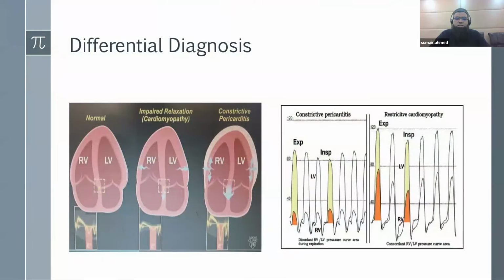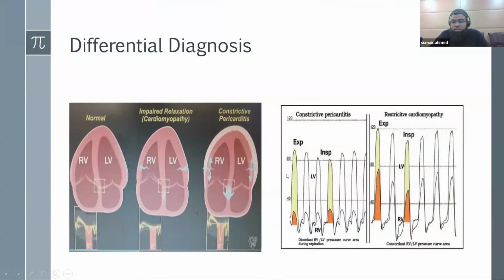A little bit of discussion about the differential diagnosis of restrictive cardiomyopathy and constrictive pericarditis. Just remember one or two things. In restrictive cardiomyopathy, we see the E prime is very much reduced, and in constrictive pericarditis, the lateral E prime is greater than 9. This is a very important concept, because E to E prime is higher in restrictive cardiomyopathy and lower in constrictive pericarditis.